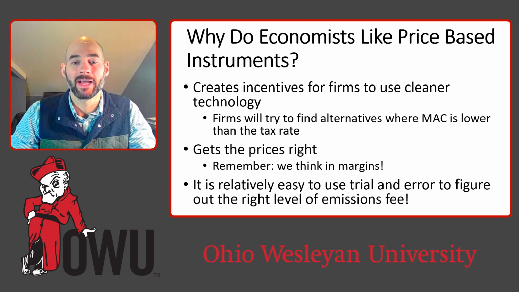And so we can also use trial and error as a way to figure out the right emissions level, the right level of the emissions fee, which may be harder to do with a command and control approach because firms aren't going to be responding on the margin in such a capacity.